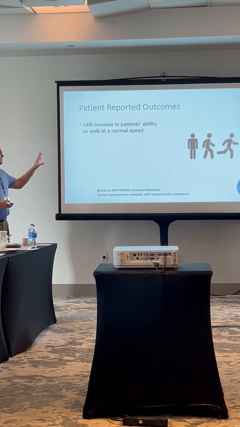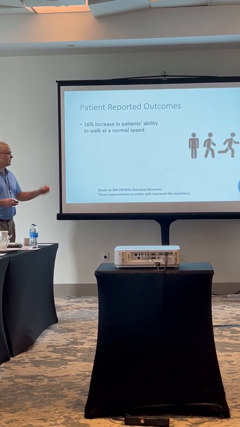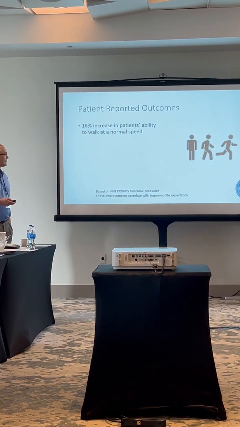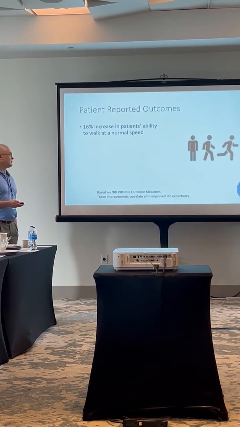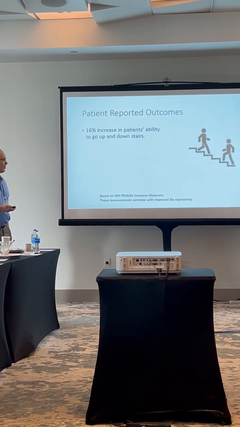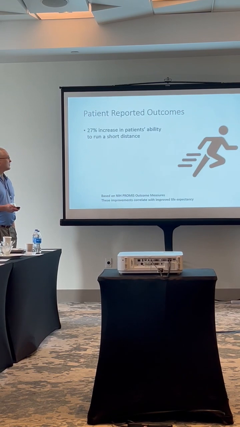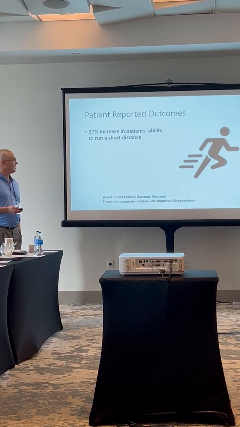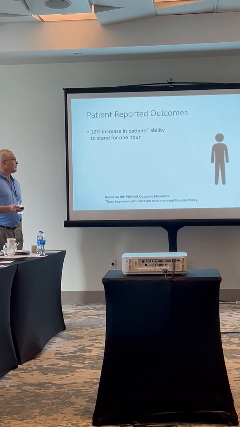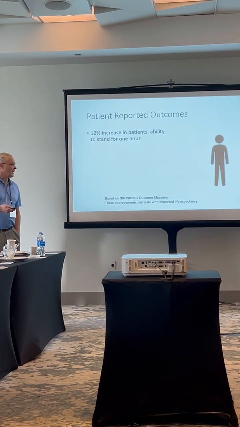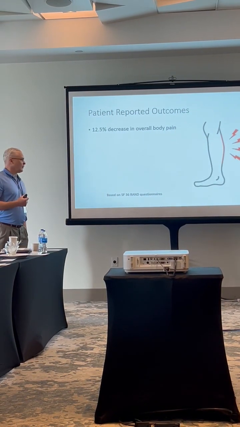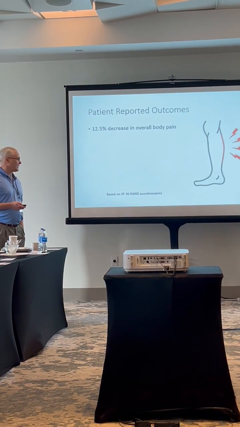Drilling down into each of the subsections: 16% improvement in ability to walk at a normal speed, also 16% to go up and down stairs, 27% ability to run a short distance, 12% ability to stand an hour. And we also saw a 12% decrease in overall body pain.